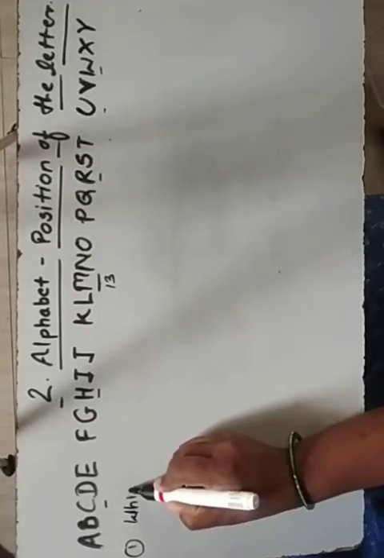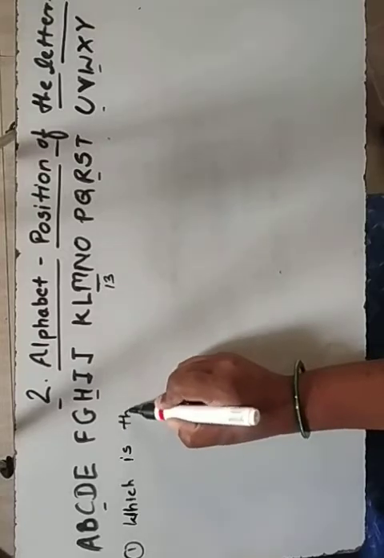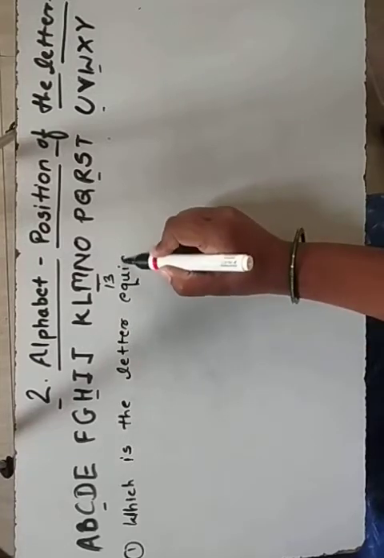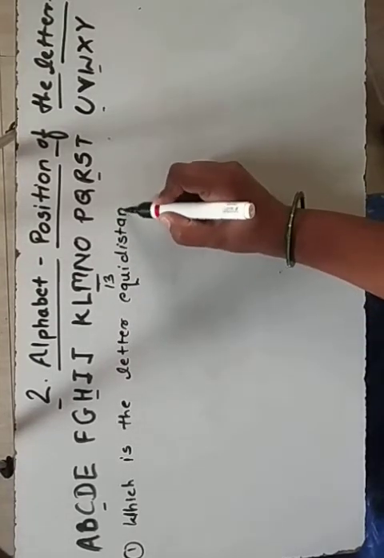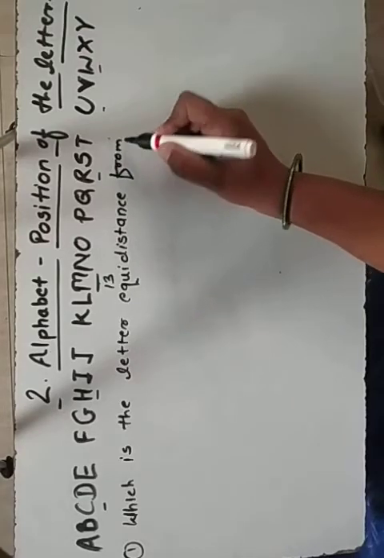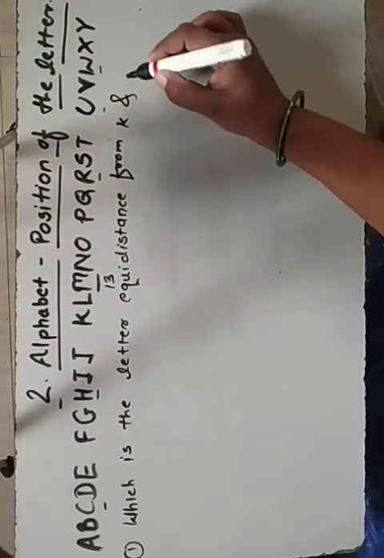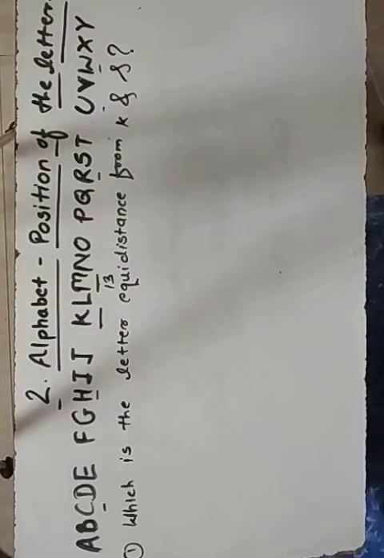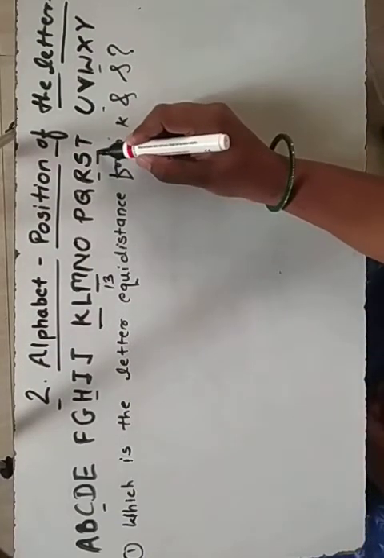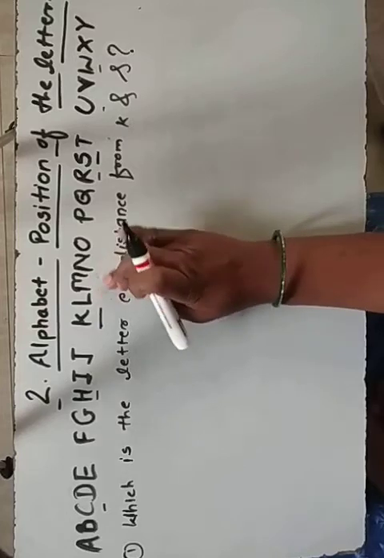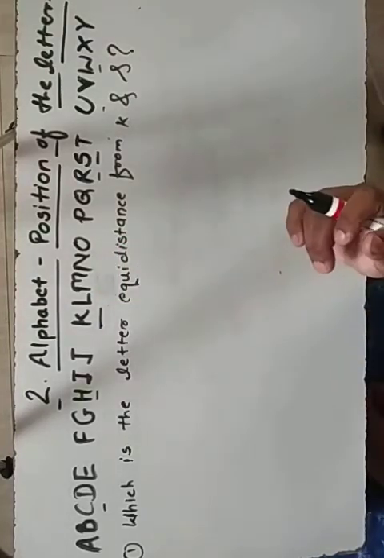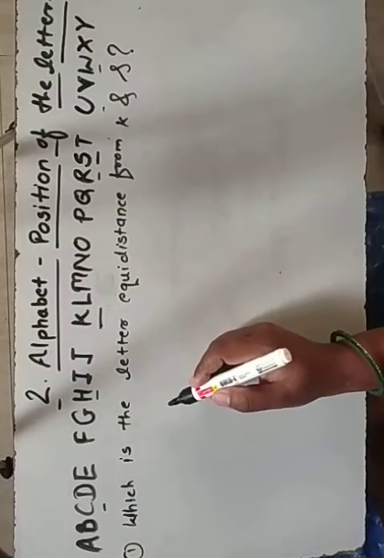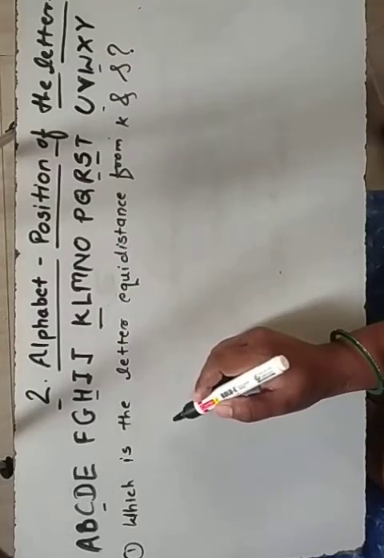Okay, so here it is K and here it is S. In between this K and S, how many letters are there, that we have to count at first.